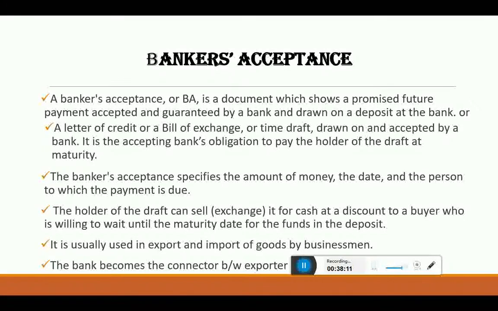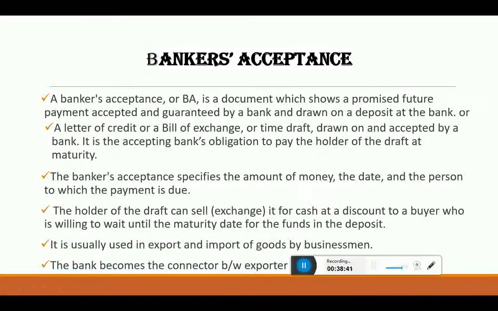It is the accepting bank's obligation to pay the holders of the draft at maturity. The banker's acceptance specifies the amount of money, the date, and the person to whom the payment is due. The holder of the draft can sell it, exchange it for cash at a discount to a buyer who is willing to wait until the maturity date for the funds in the deposit.